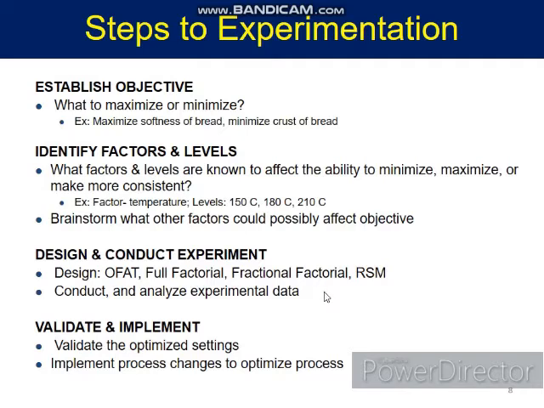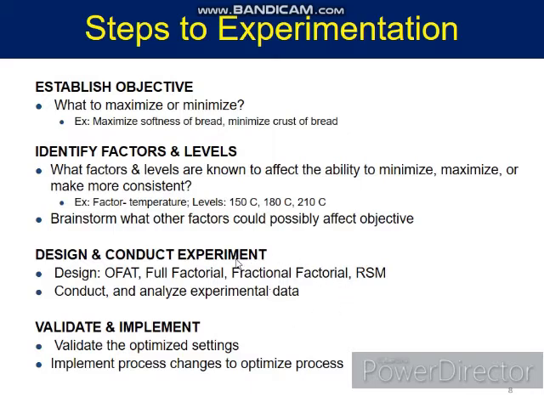Once you get the setting, you need to validate that particular setting. So you run a validation run, and then compare the validation run result with the predicted result, which you can obtain after you do some data analysis.